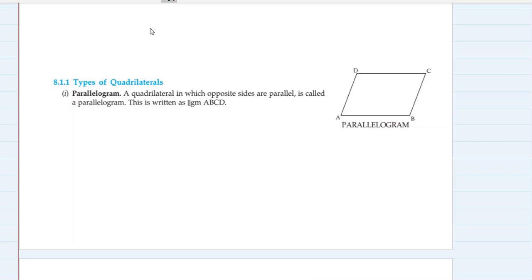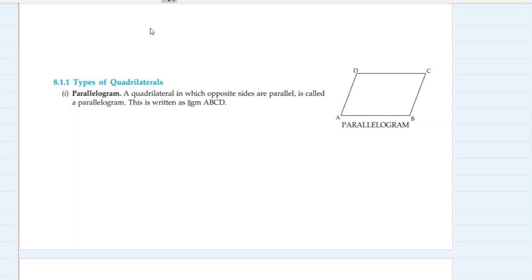This is for everyone. Your chapter name might be different, your chapter number might be different, but the content is the same for all of you. So please pay attention when I'm teaching the properties and characteristics of the types of quadrilaterals. This video is common for everyone. Please don't make a fuss about it.